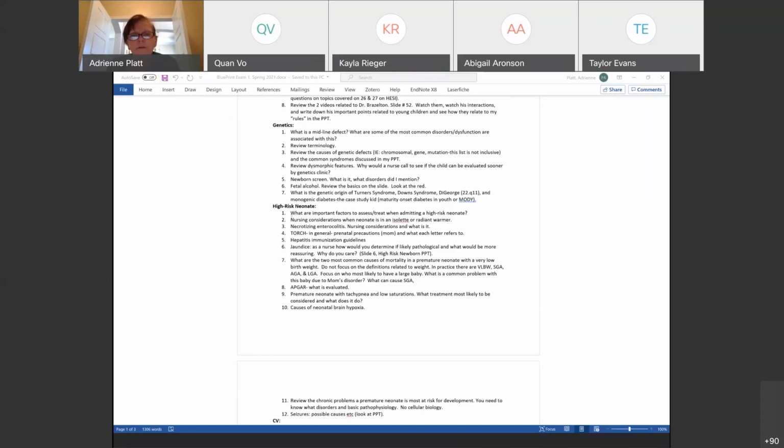Okay, high-risk neonate. And factors to assess when admitting that high-risk neonate. You're going to look at them, for breathing, for level of consciousness. Are they responding? Are they floppy? They're going to tell you in the history how many, gravida 1, para 1, or whatever they are, the mom, GBS negative or positive.